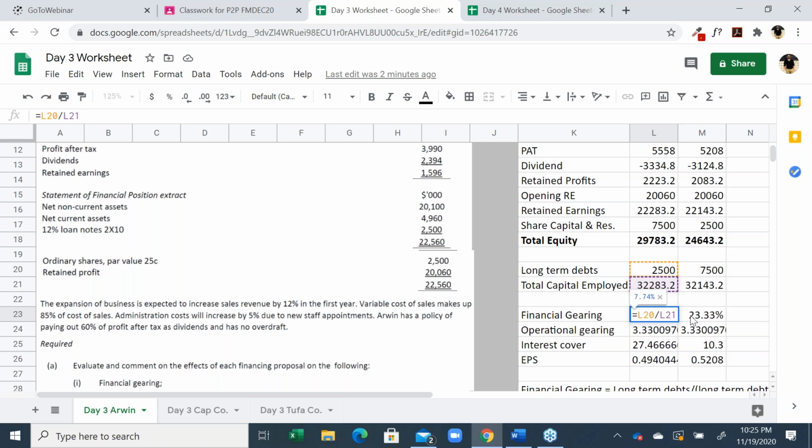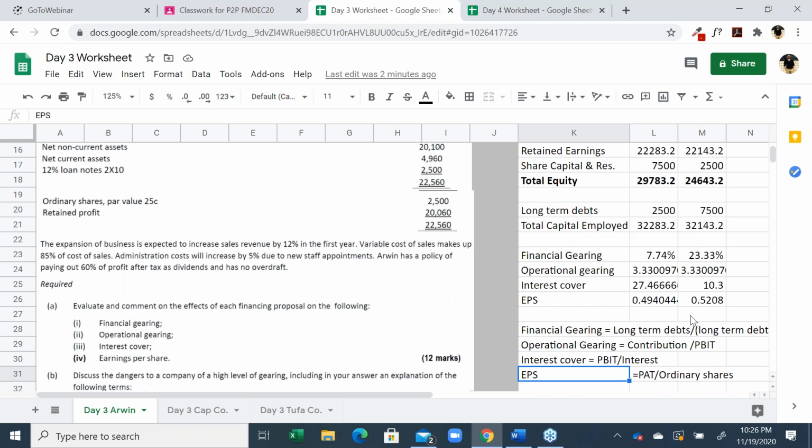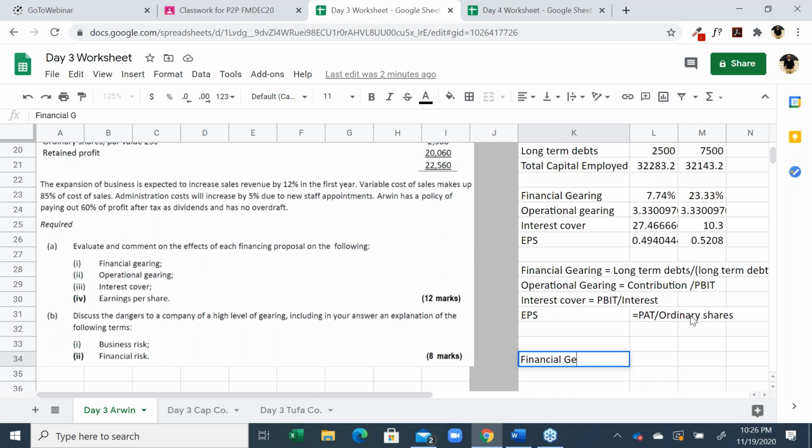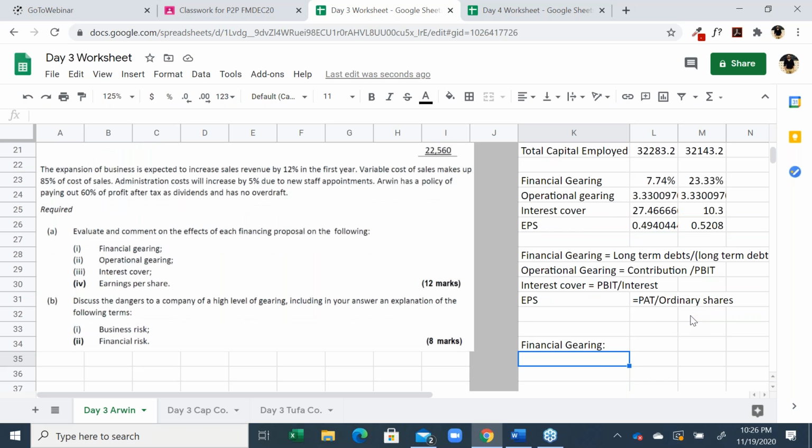Now, how are we going to comment on this impact? First of all, what you have to do is you have to put headings for your discussions, like financial gearing. So the style of writing should be, first you need to explain what will happen to the financial gearing if we choose debt finance instead of equity finance.